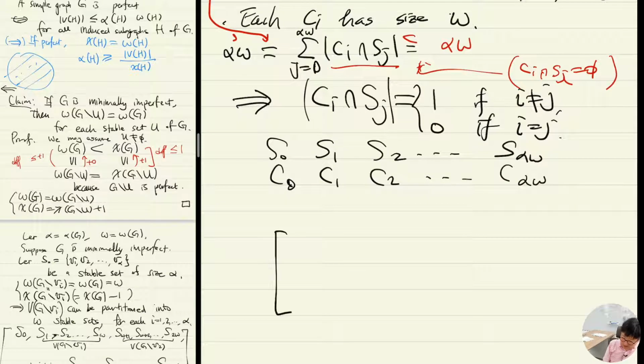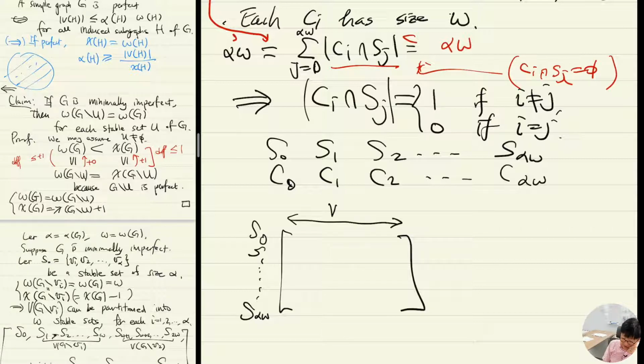So we make one matrix where the rows are S0, S1, and so on, so you have alpha omega plus 1 rows, and the columns are indexed by the vertices of the graph G. Then you put 1 if Si contains the vertex of this column, and 0 otherwise.